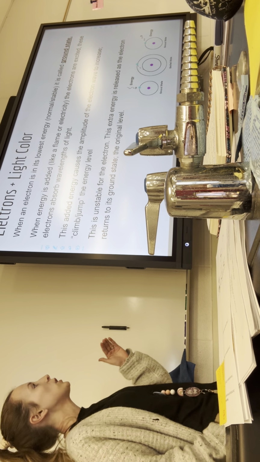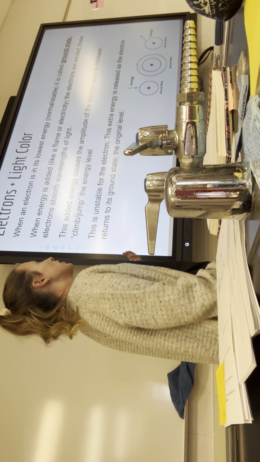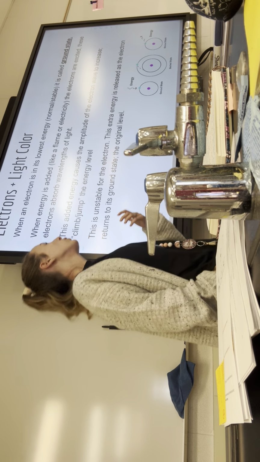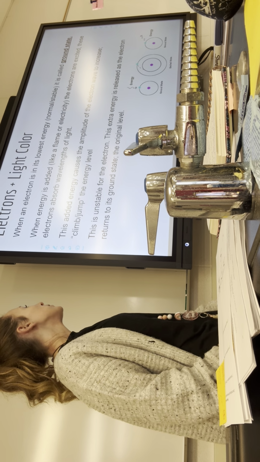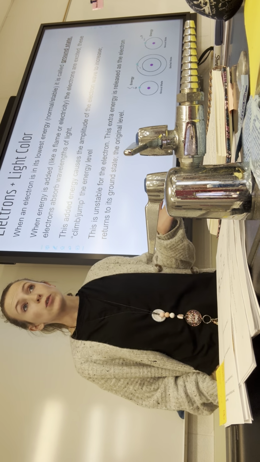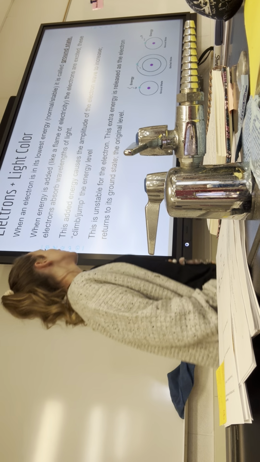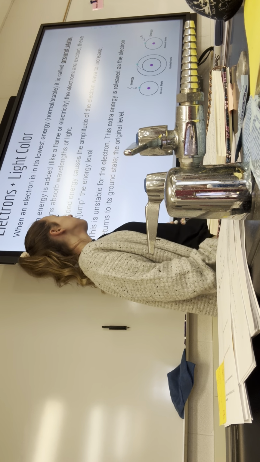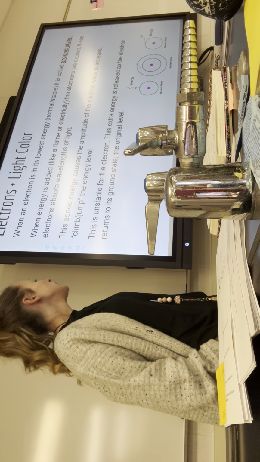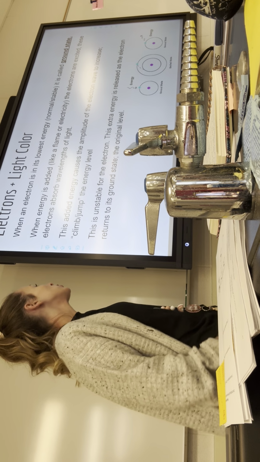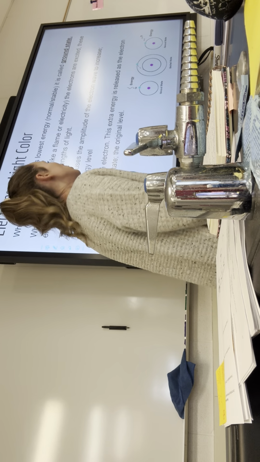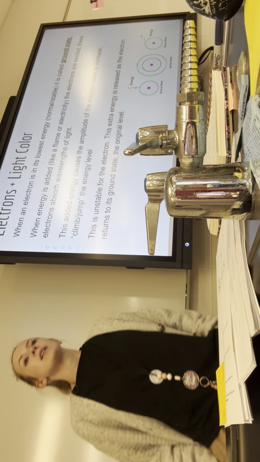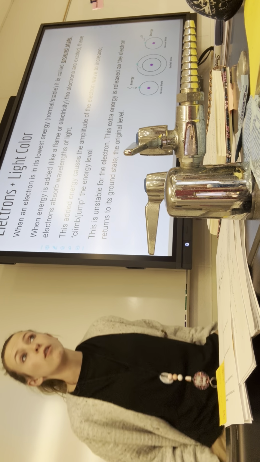This added energy causes the amplitude of the electron wave to increase, which, as you recall, hopefully from Friday, gives them the ability to jump between energy levels. This is very unstable for our electron, and this extra energy is released as the electron returns to its ground state, which is that original level. And I briefly told you, I think the last thing that I said Friday, is this is how we can see different colors of light.